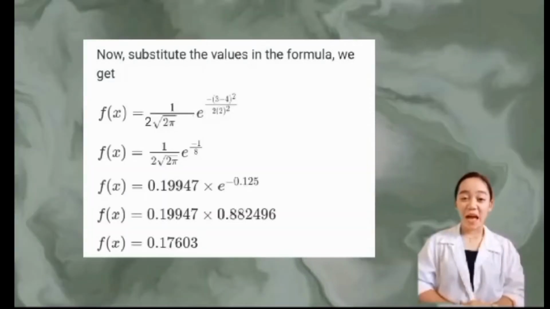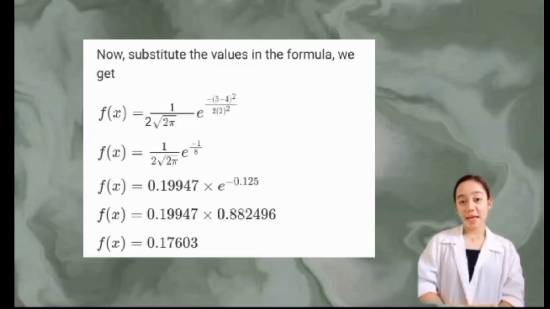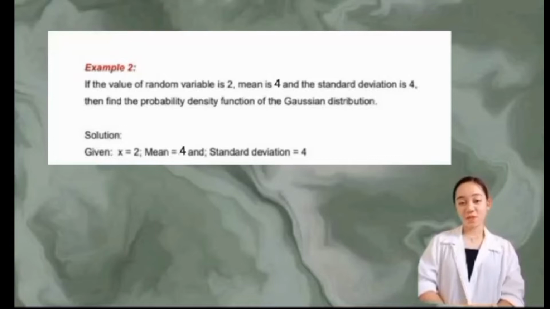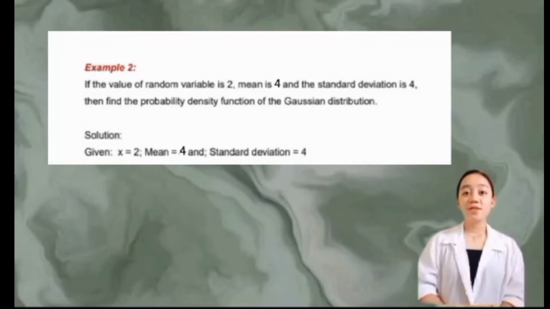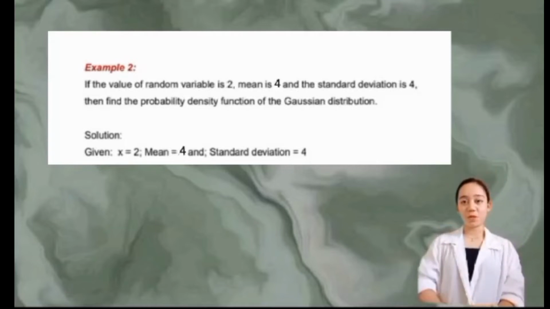So now, after successfully solving the example number 1, I will also give you a second example to further understand the formula of normal distribution. So we have here example number 2.